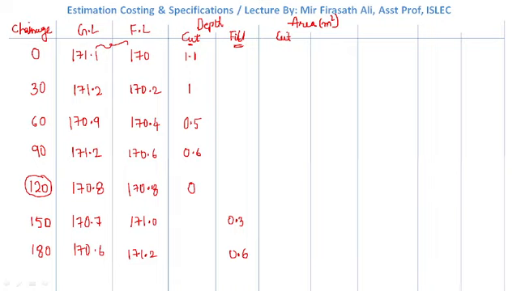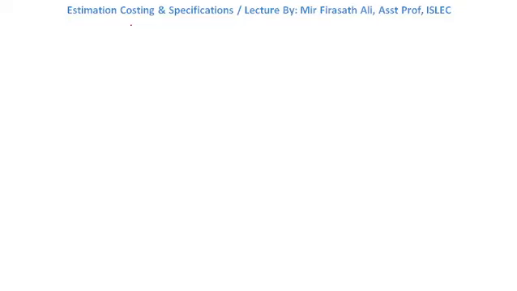Okay, area in cut and area in filling. How to find the area? Let us see. What was the formula for area? Total area is equal to rectangle area plus, what was the formula for this area?